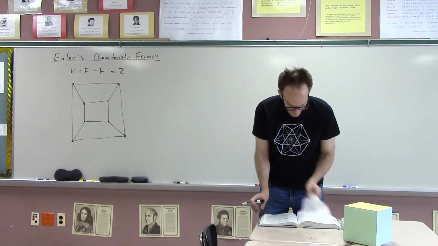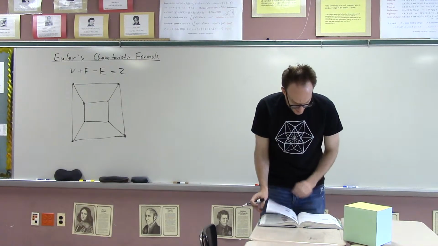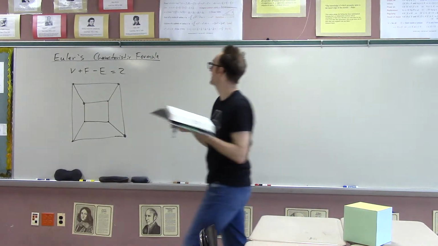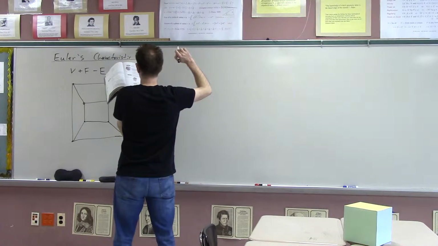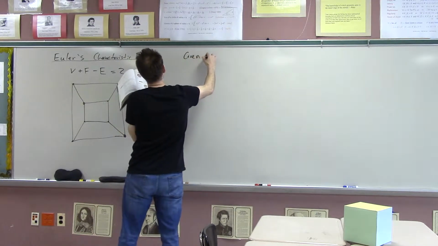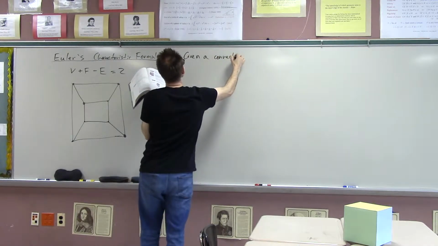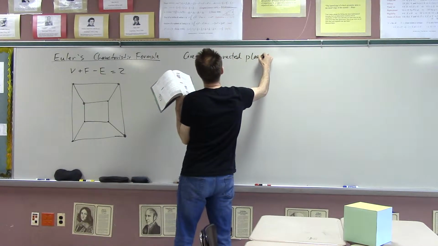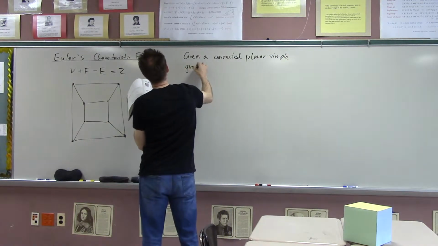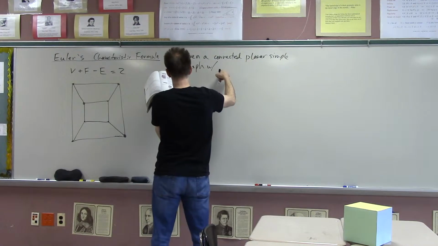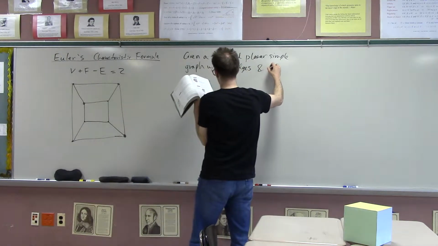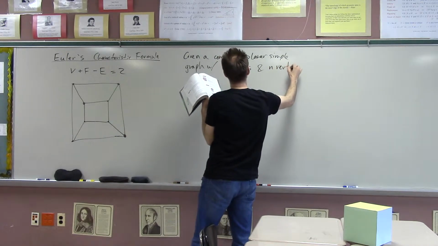Yep. So indeed, we are now going to prove this, and we're going to prove it for, like I just said, any connected planar simple graph. So given a connected planar simple graph with epsilon edges and n vertices.